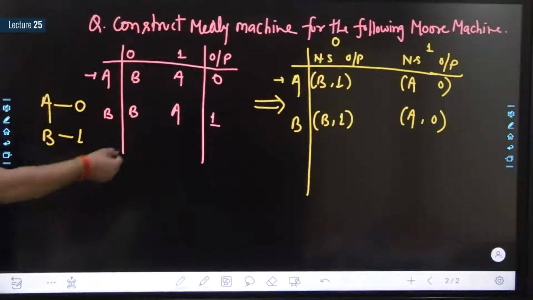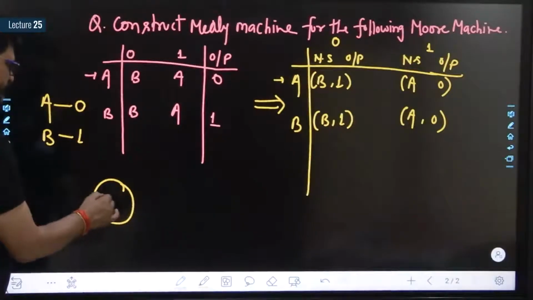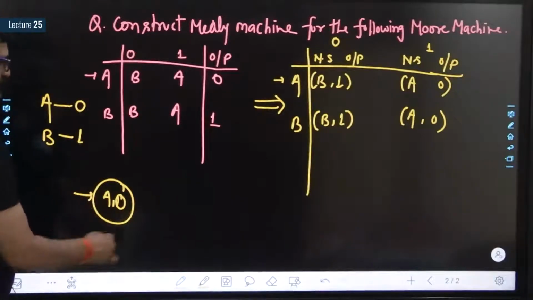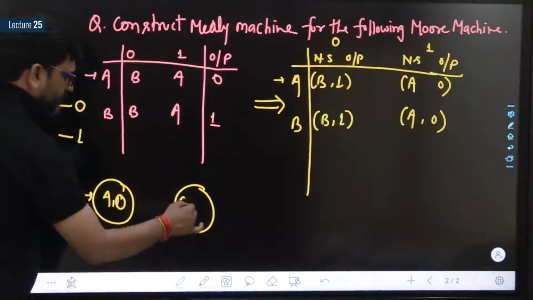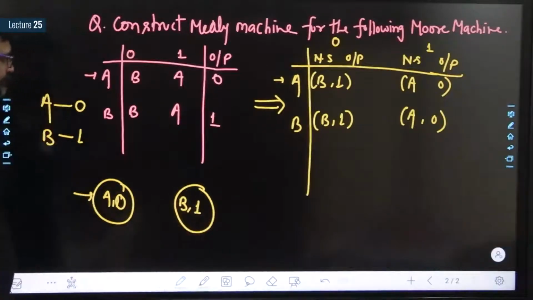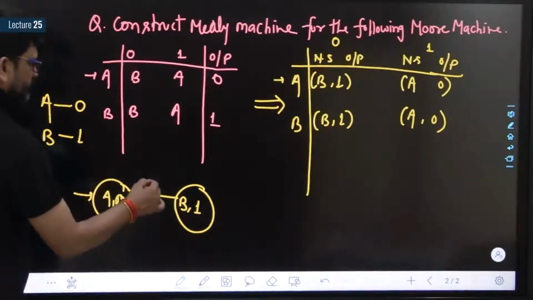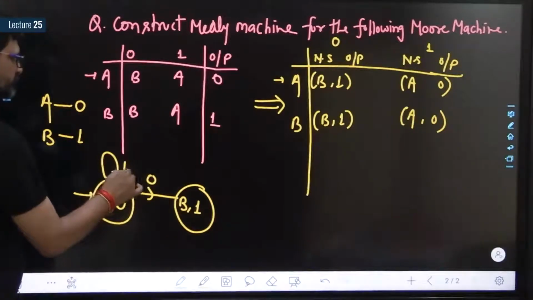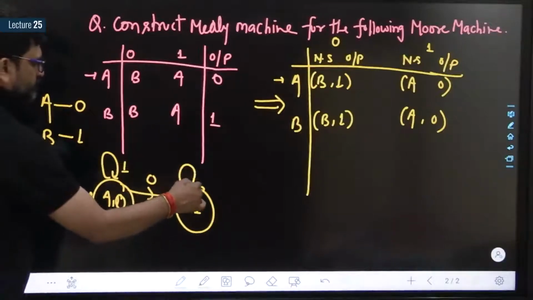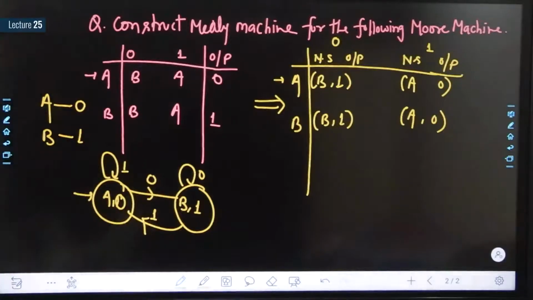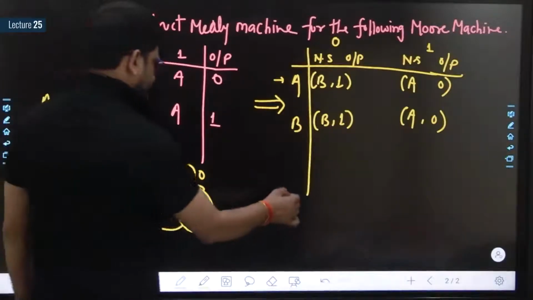Now draw the transition diagram. A, output associated with 0. B, output associated with 1. 0, 1, 0, 1. Clear? What is the equivalent Mealy machine?